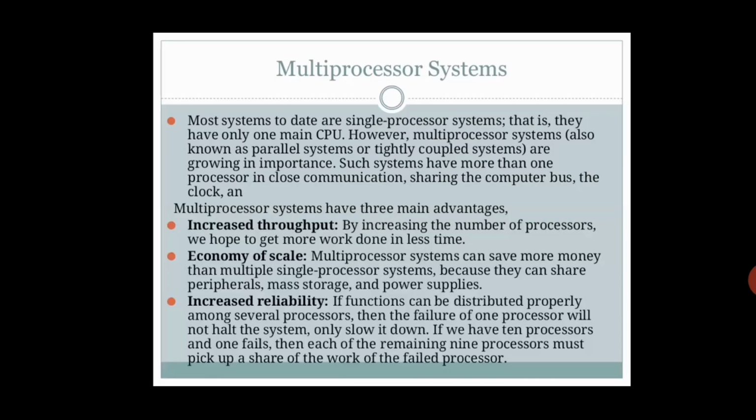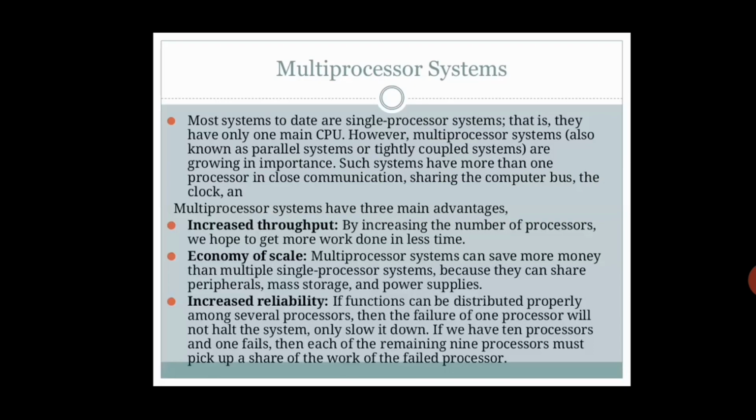If one system can handle the work of 10 systems, then definitely the user will go for that one system, so that they need not spend so much money, or they can work economically on that particular system instead of going for many. That is the meaning of economy of scale.